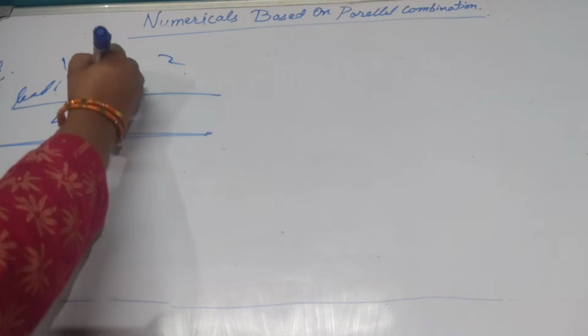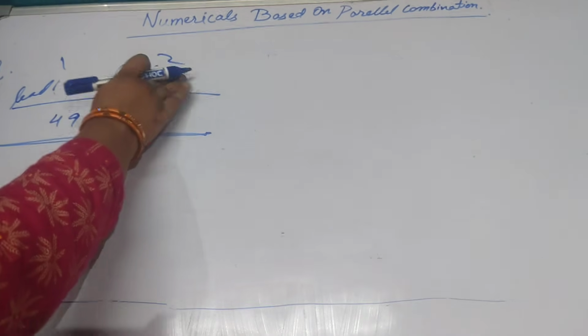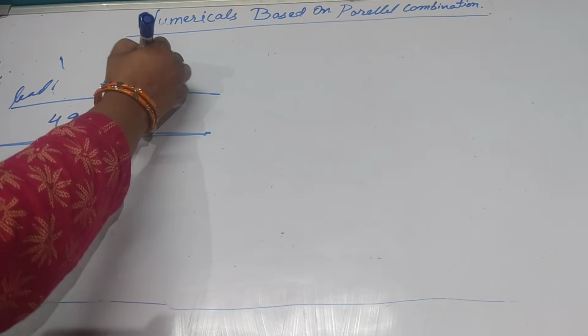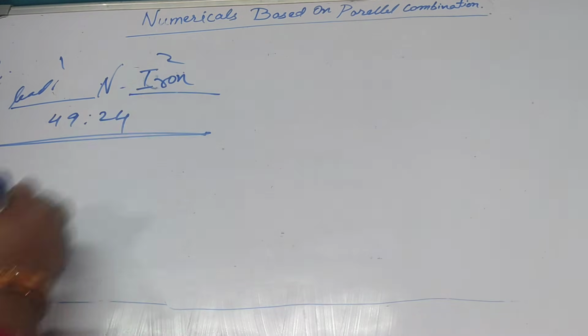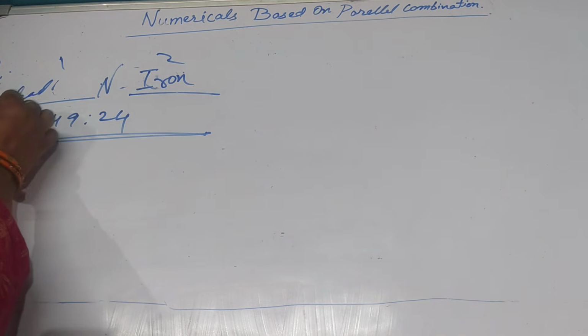Not clear, no? PB and Fe you can also write.